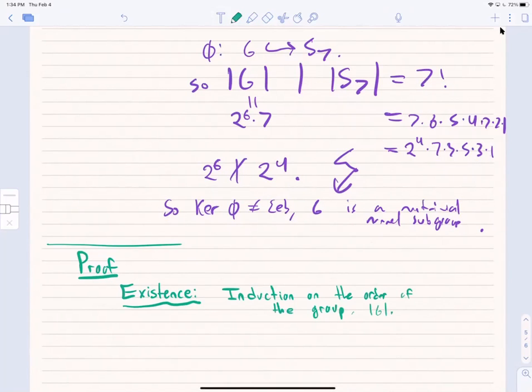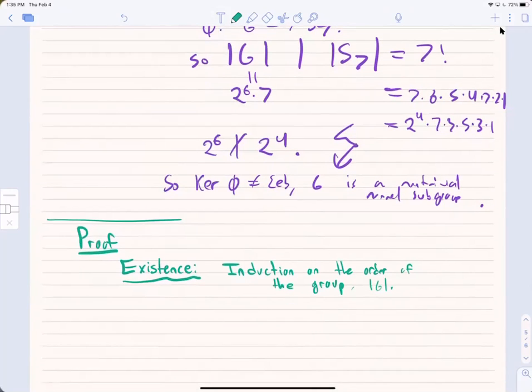So the base case that we want to induct off is when the order is just a prime number. So the order of G is p, the base case.